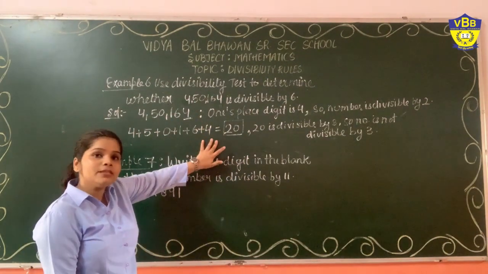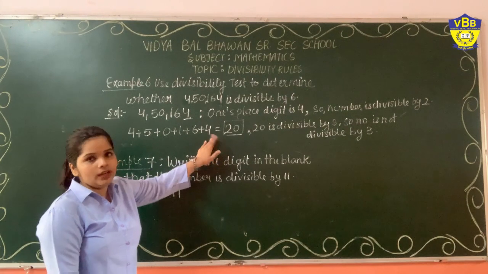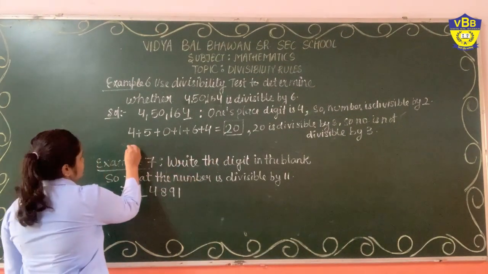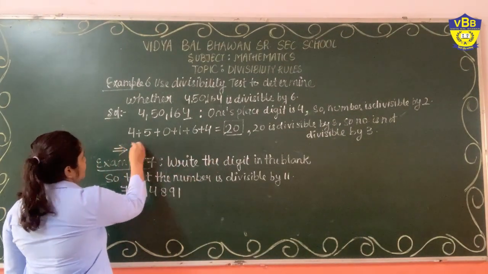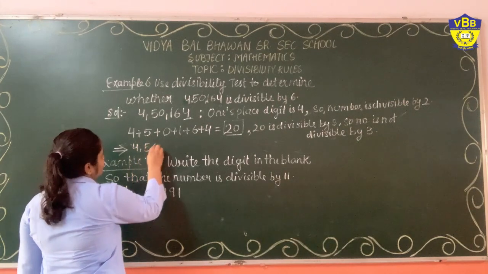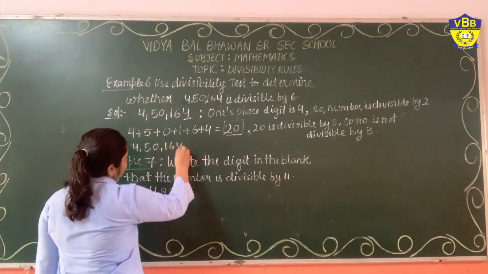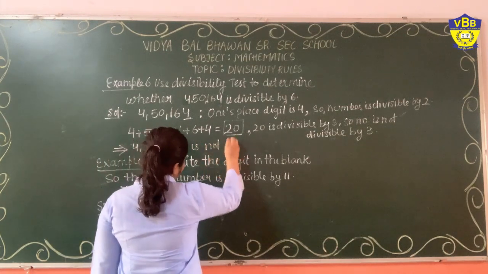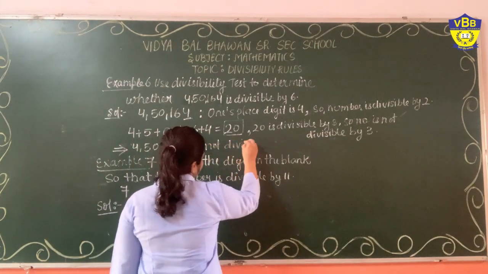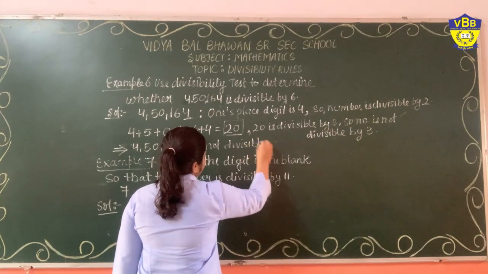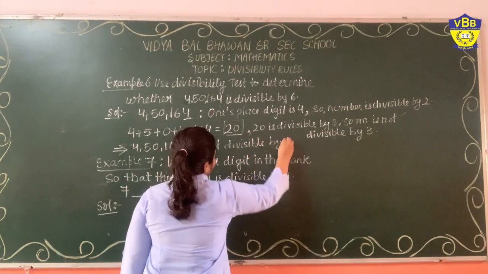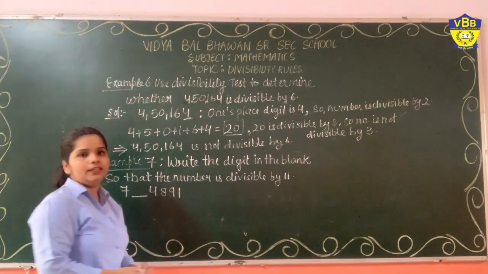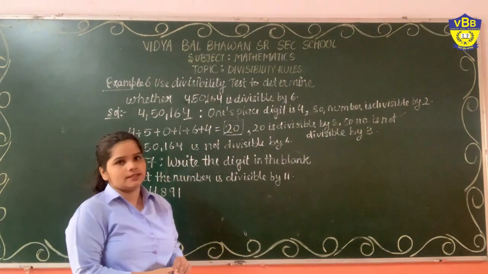So will it be divisible by 6? No, it will not be divisible by 6. Implies that 4,50,164 is not divisible by 6. This is the divisibility test for 6.